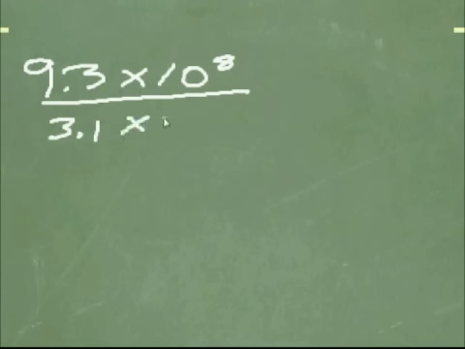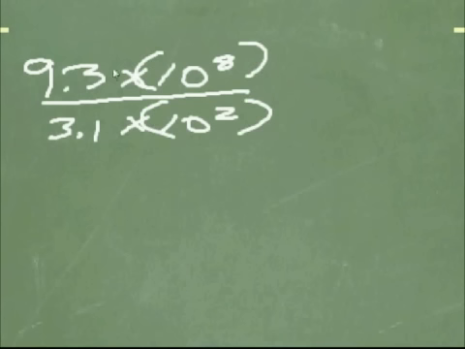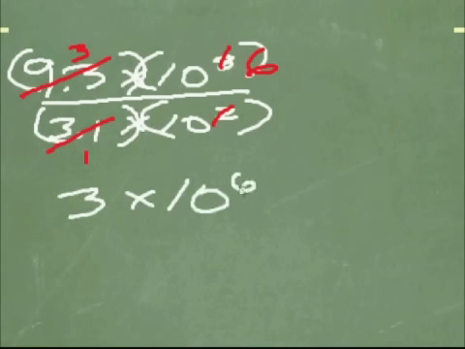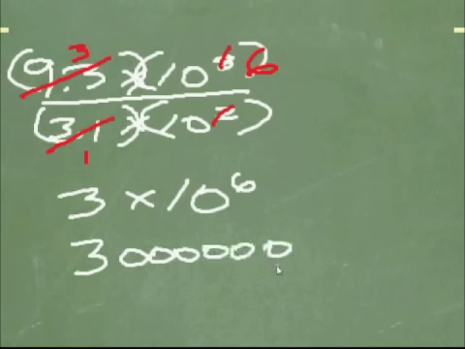Okay, last problem. Click pause now to see if you can come up with the answer first. And if I write that as a decimal, that would be 3 million.